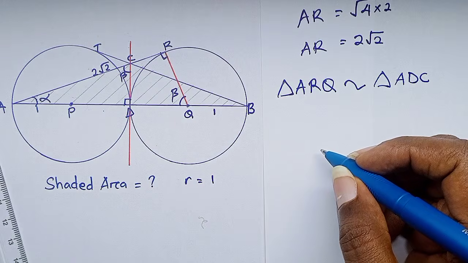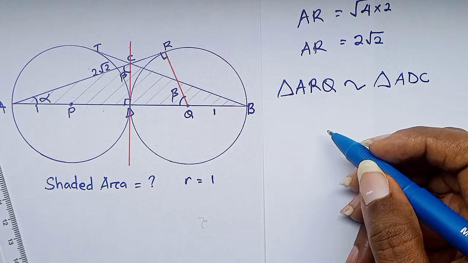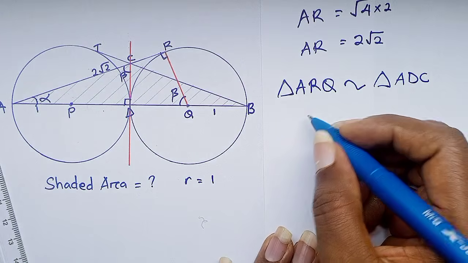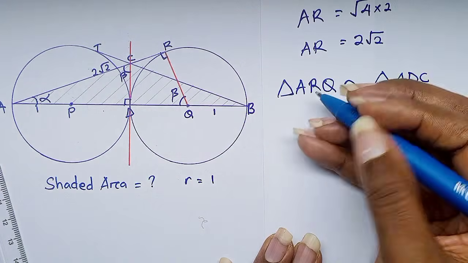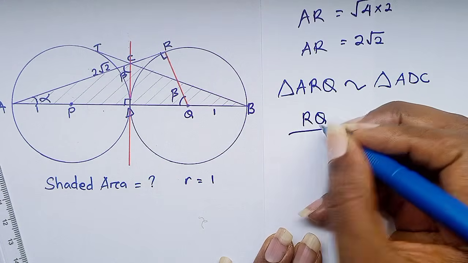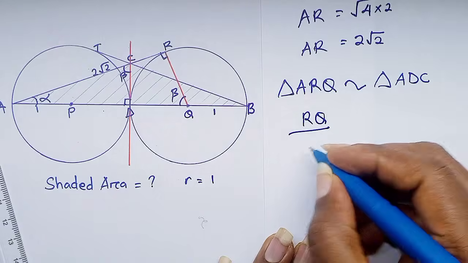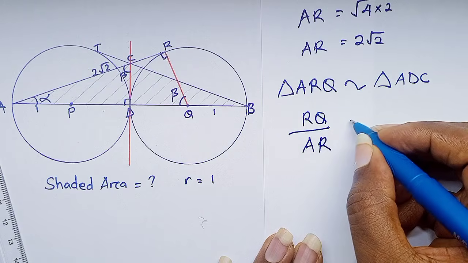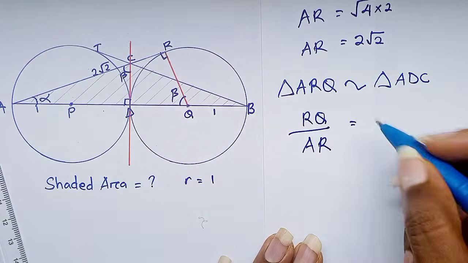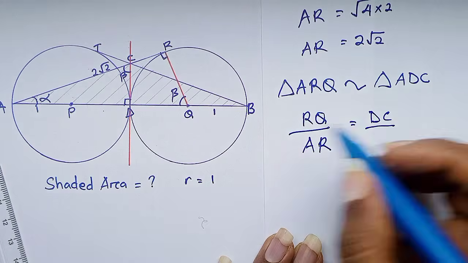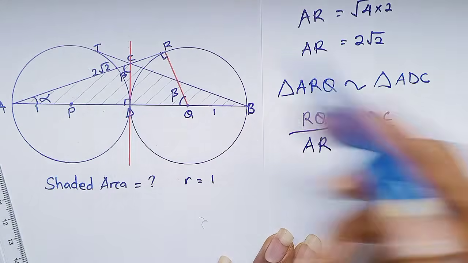So if that is the case, then we can use proportions to solve. So we can say RQ over AR will be equal to DC over AD.